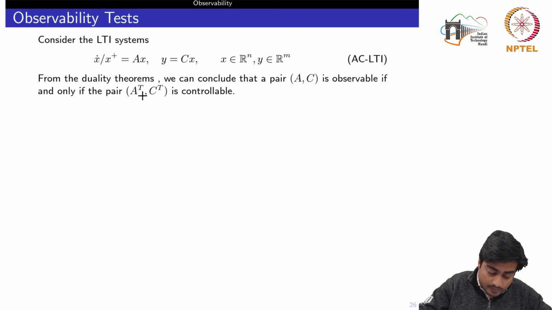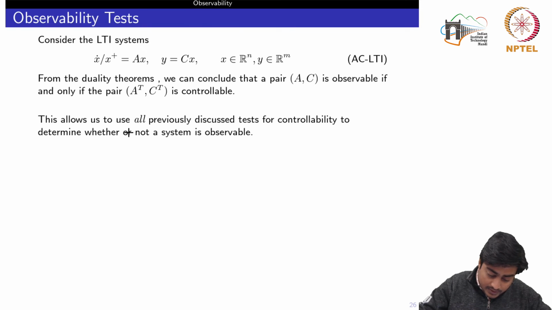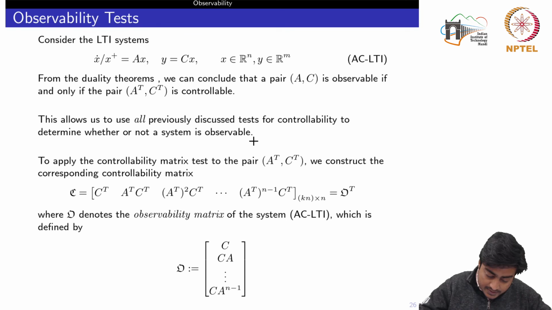Because previously we had seen AB is controllable if and only if A transpose, B transpose is observable. It's just the pair, so here we have replaced B by C and the results remain the same. This allows us to use all the previously discussed tests for controllability to determine whether or not the system is observable, particularly for the LTI system. So this we can visualize also.